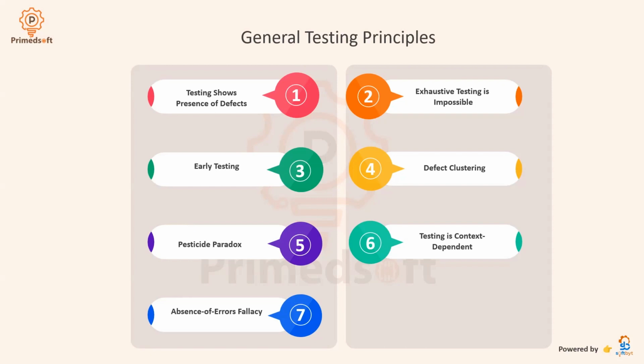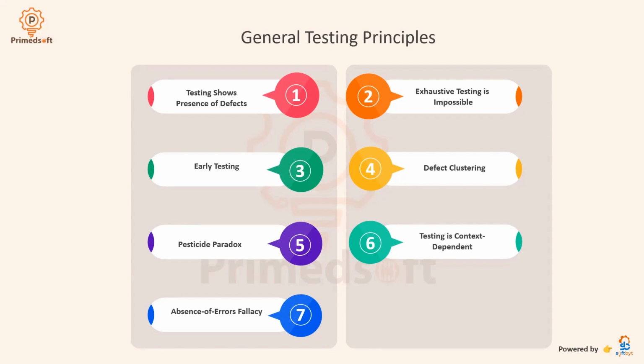Early testing helps prevent the propagation of defects through the development lifecycle. So when you detect it early, it doesn't go to UAT, it doesn't go to live. You test it, you detect it, and then the developer fixes it, you test it, and then everything is fine, right?